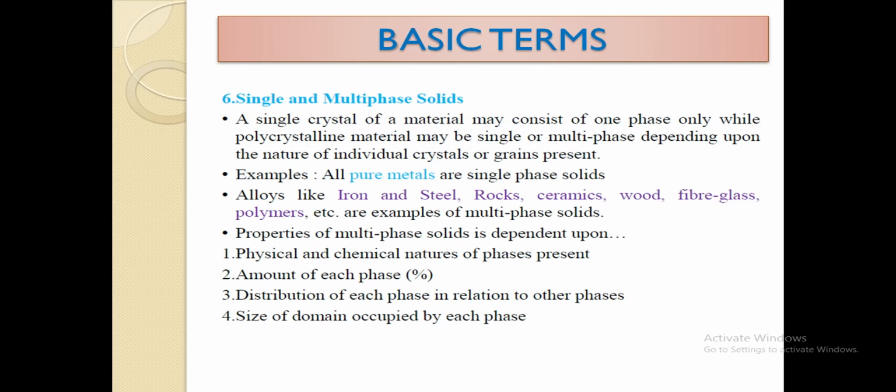Alloys like iron and steel, rocks, ceramics, wood, fiberglass, polymers, etc. are examples of multi-phase solids. Properties of multi-phase solids depend upon the physical and chemical natures of phases present, amount of each phase in percentage, distribution of each phase in relation to other phases, and size of domain occupied by each phase.